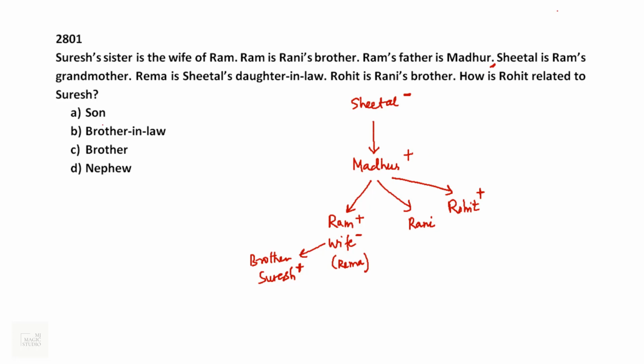How is Rohit related to Suresh? But here, Reema is Seetal's daughter-in-law. Reema can't be wife of Ram, isn't it? Reema is Madhur's wife because it is written daughter-in-law, not granddaughter-in-law. Now we are clear.